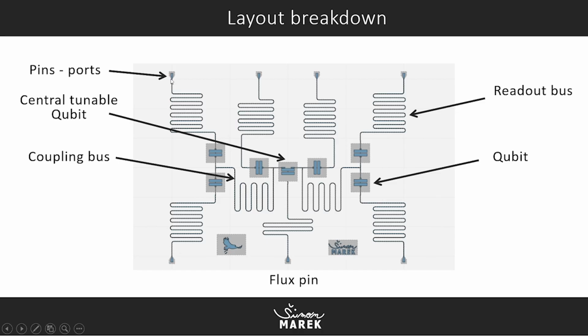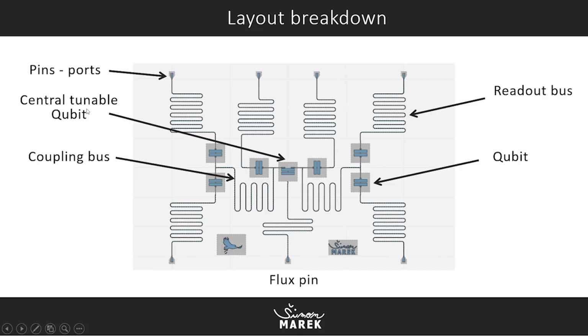We have pins or ports, which are very important for connecting our quantum chip to the outer world. We can do this by wire bonding, where we add very thin gold wire, and thus we can connect our quantum chip.